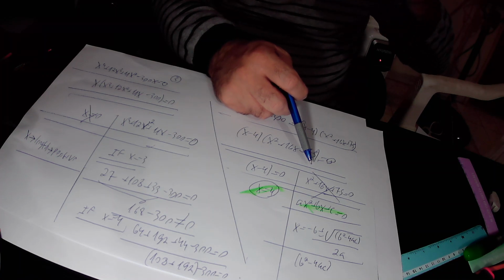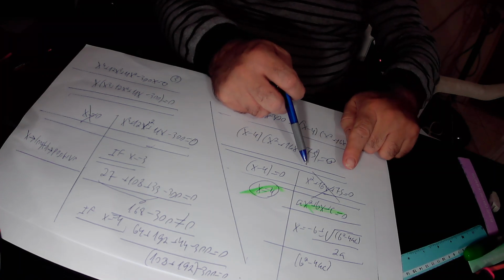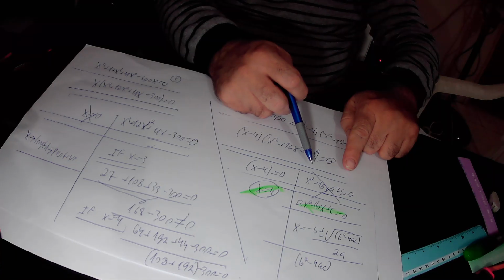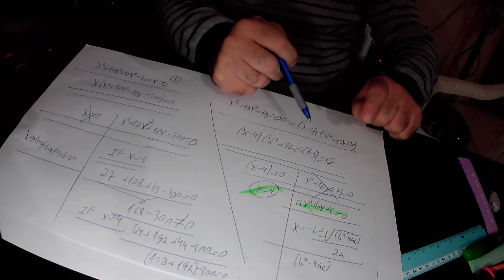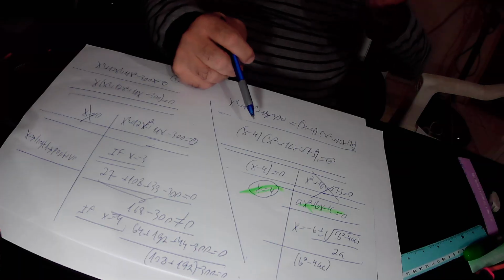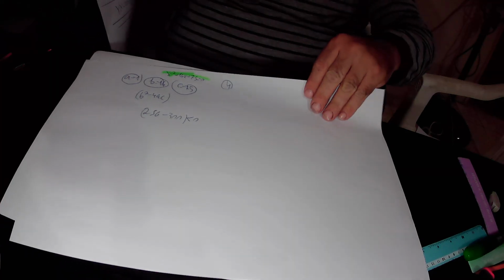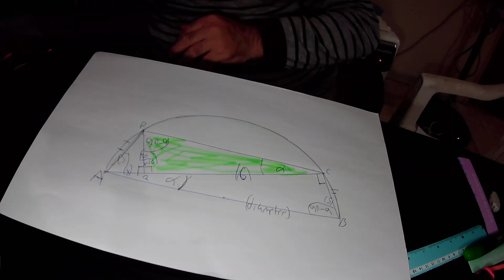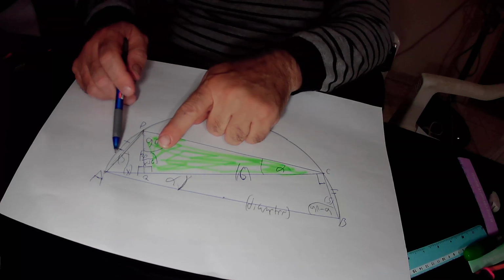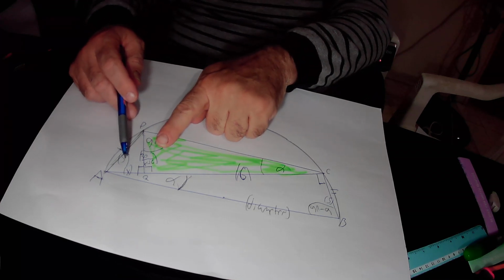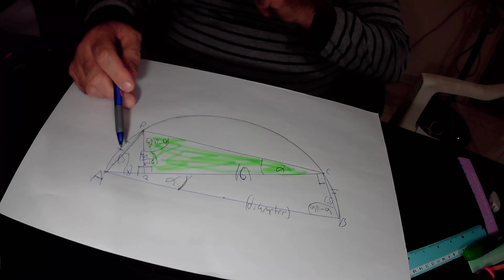So I presented two ways to find out that x squared plus 16x plus 75 is not the solution to this equation. So the only solution to this equation is that x equals 4. So we found out that the length of this line segment AQ is x, equal to 4 units in its length. So we finished with the first question.